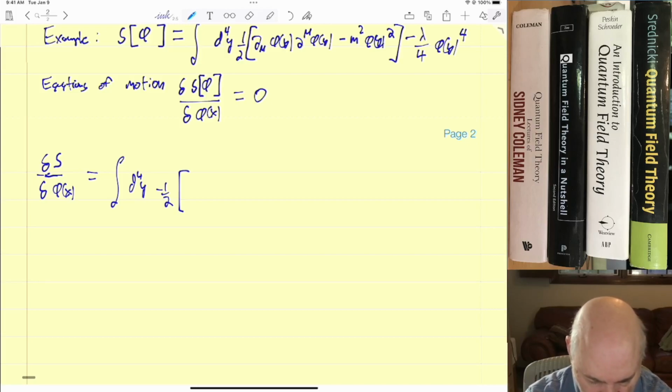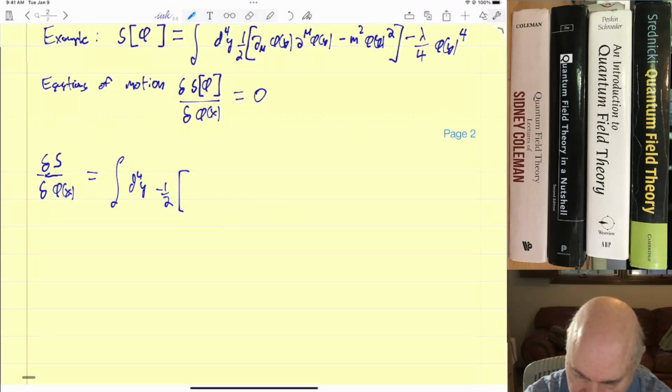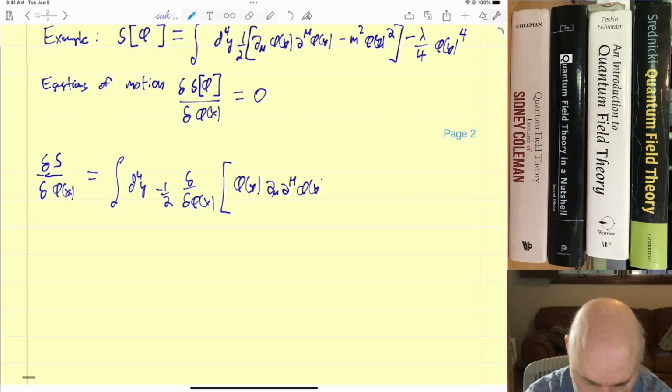So I'm going to write minus 1/2 del phi of x, and I'll write phi of y partial mu phi of y plus m squared. See the sign reversed between these two terms by the integration by parts.